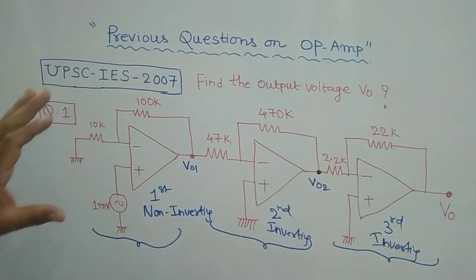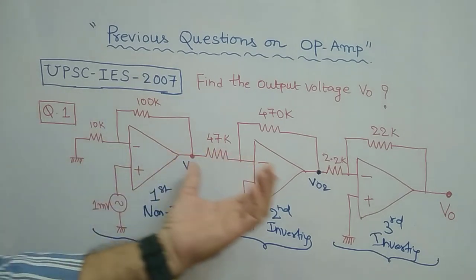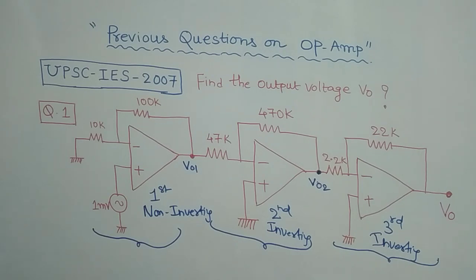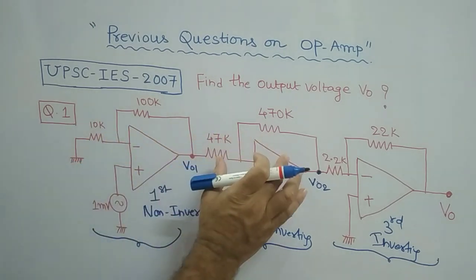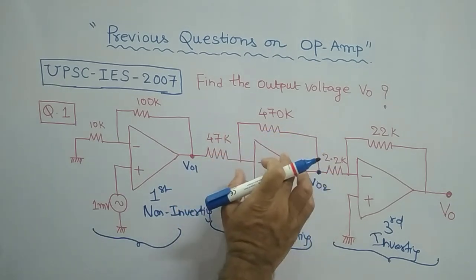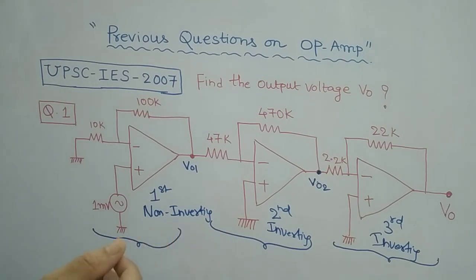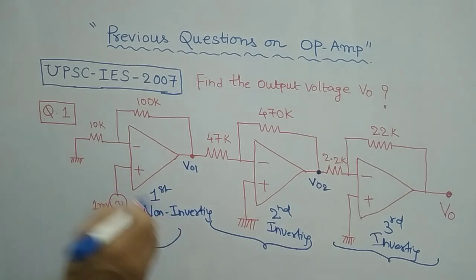In totality, the first one is non-inverting, the second is inverting, and the third is also inverting. The output of the first stage becomes the input to the second, the output of the second becomes the input to the third, and finally we get the output V naught.